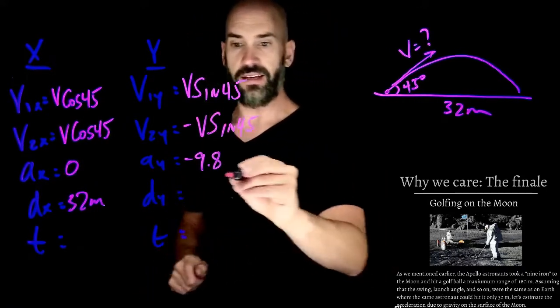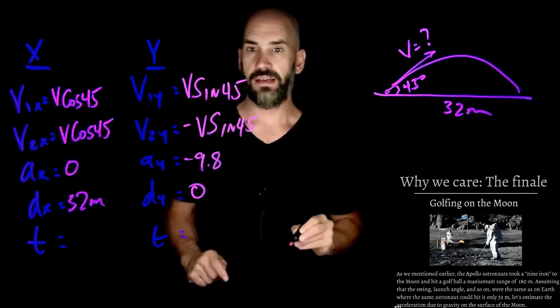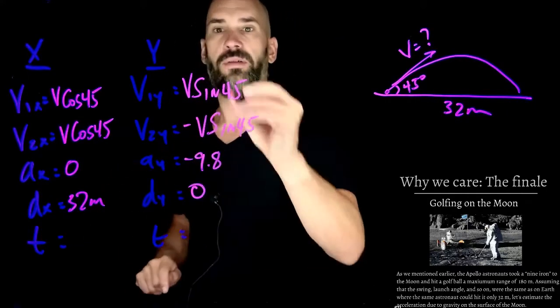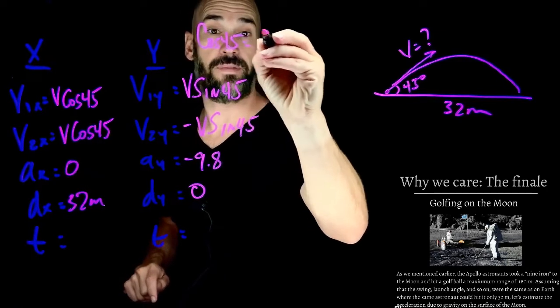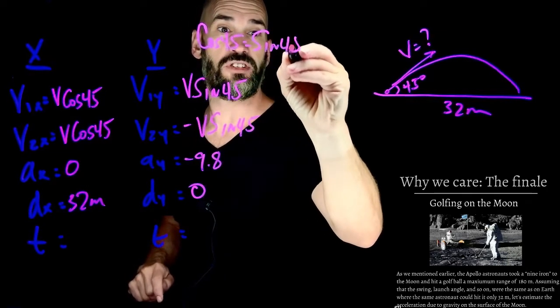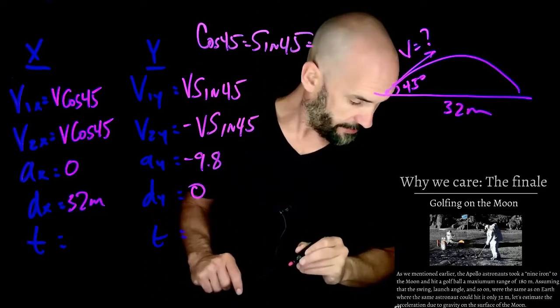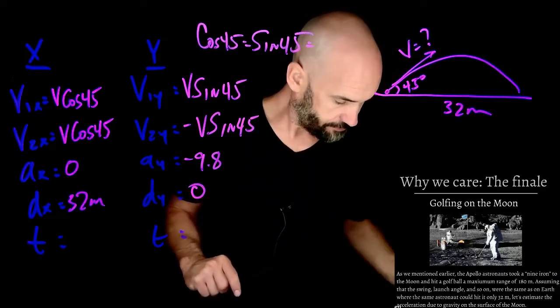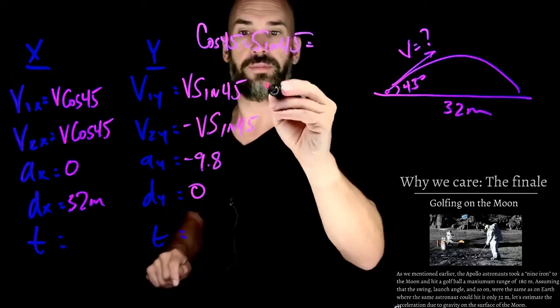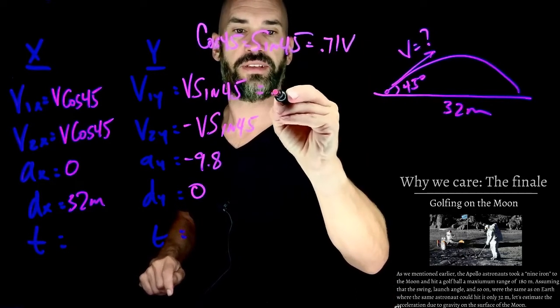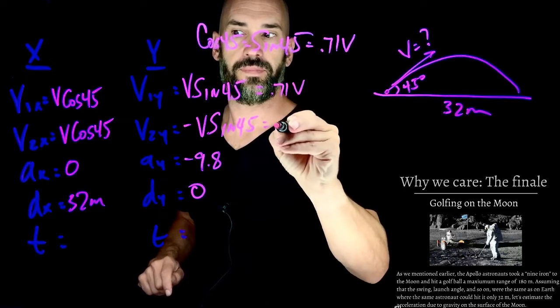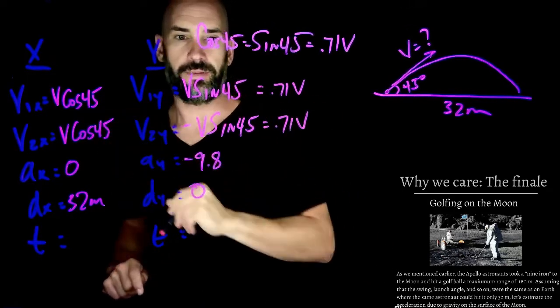And dy, again, is going to be 0. I should point out cosine of 45 is the same as sine of 45, which is just 0.71. So these are all just going to be 0.71 v. Same for over here, okay?